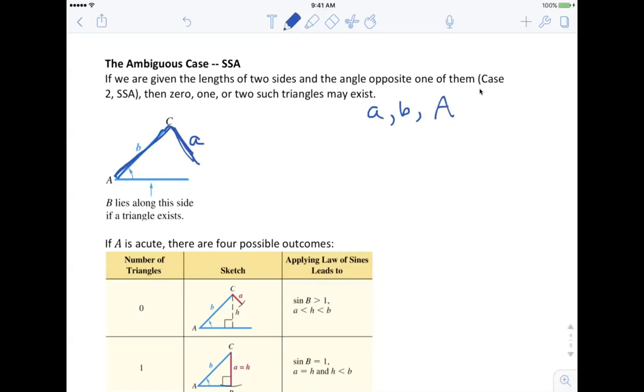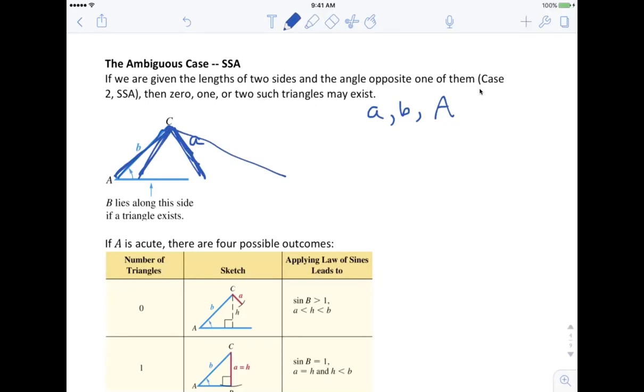Or a is just right where you could swing it 2 ways and maybe generate 2 triangles. Or you could also get 1 if a is super long, and you wouldn't have enough room to swing it the other way.